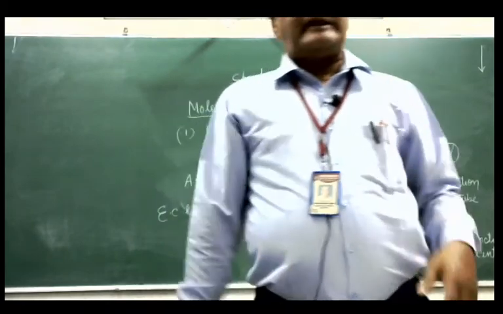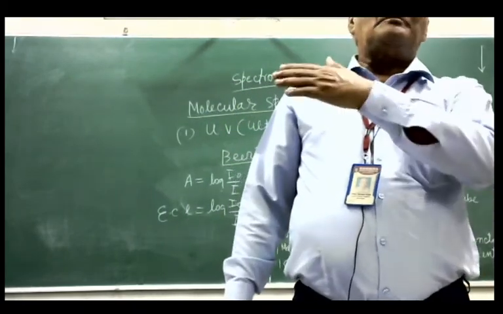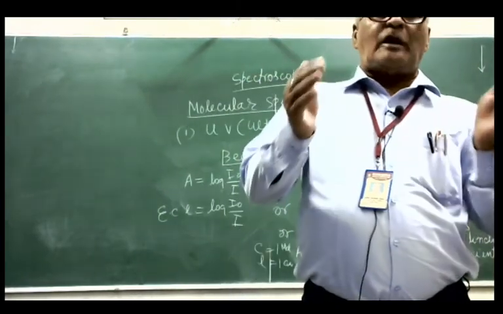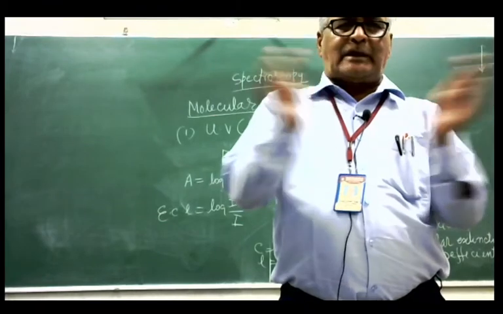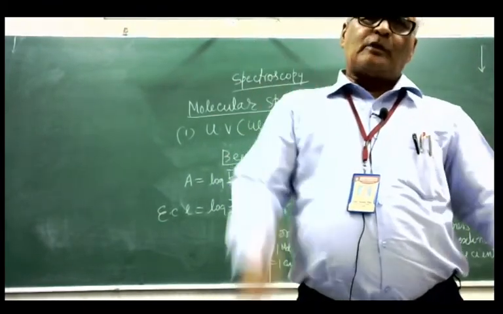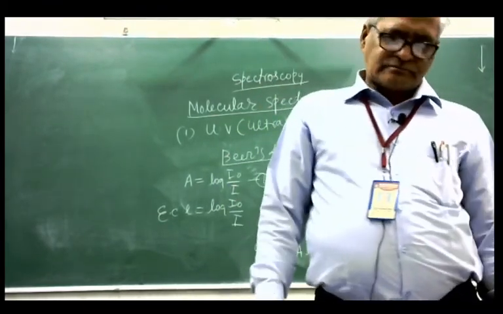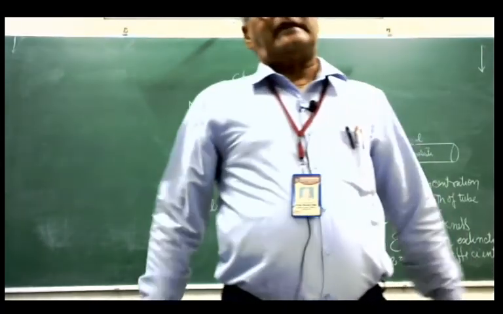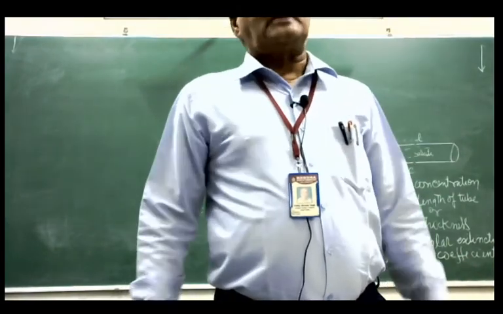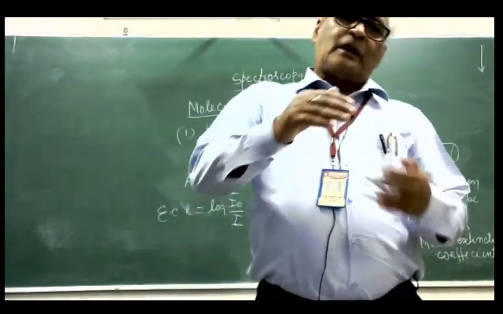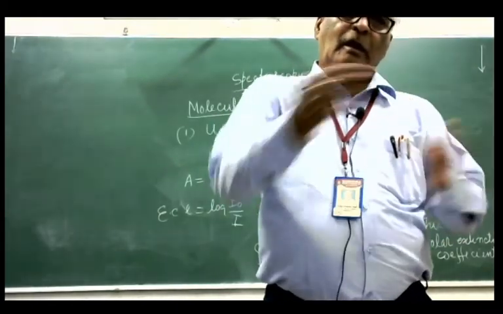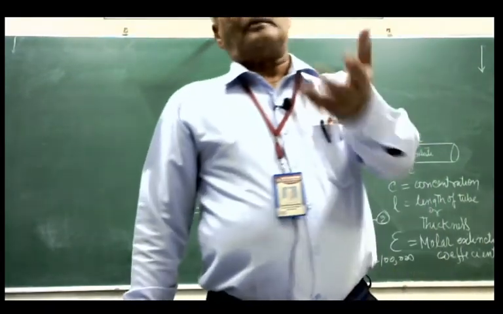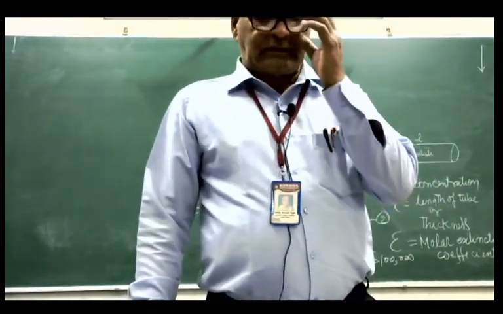In every electronic state, there are a number of vibrational states. Why are there vibrational states? Because atoms in the molecule vibrate like this, and that creates a vibrational state of energy. Second, in every vibrational state, there are a number of rotational states. That is the energy produced by the rotation of the atoms in the molecule.